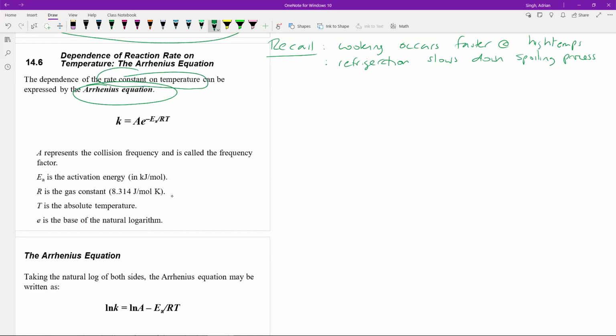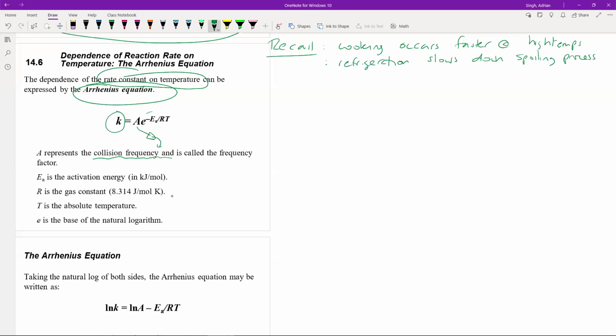So we have here k, the rate constant that we've talked about. We have A, a new term that we're going to see. This is known as the collision frequency. You can think of it as how frequently the particles are colliding with each other.